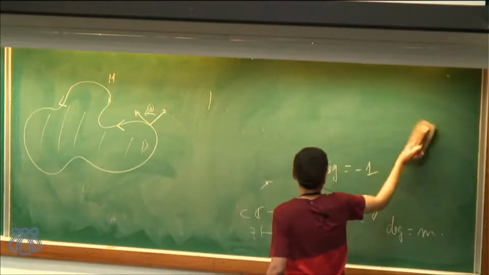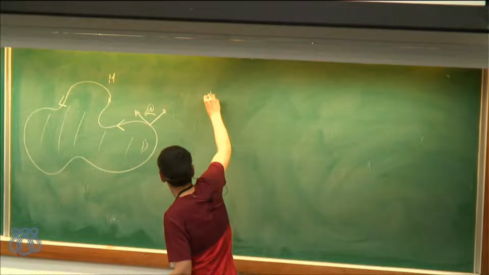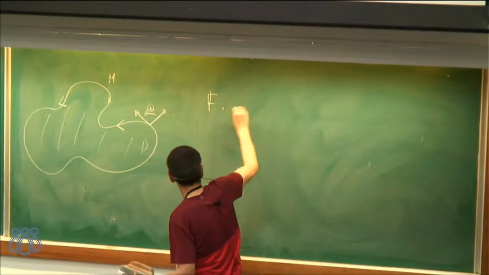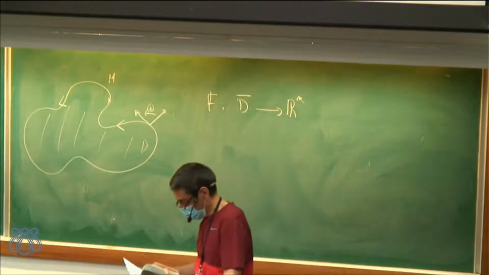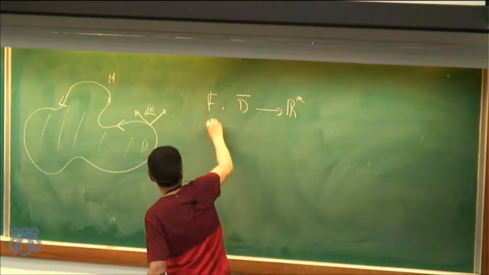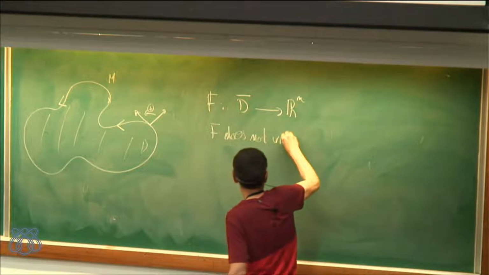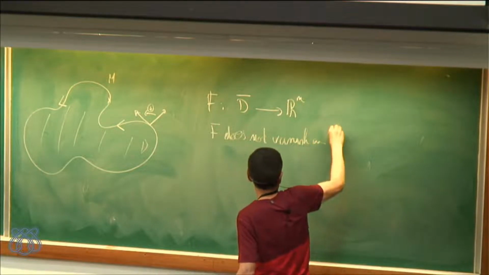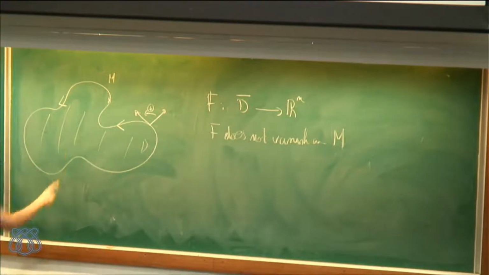Now, I consider F a mapping from D bar to Rn, and I assume that it does not vanish on M. And also I assume that it has inside D a finite number of zeros, which are all non-degenerate.